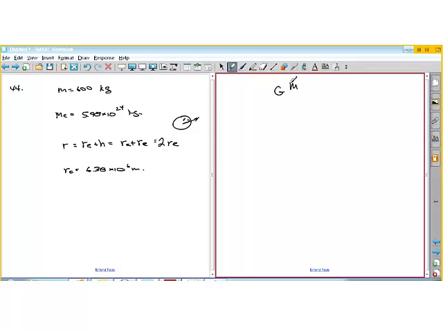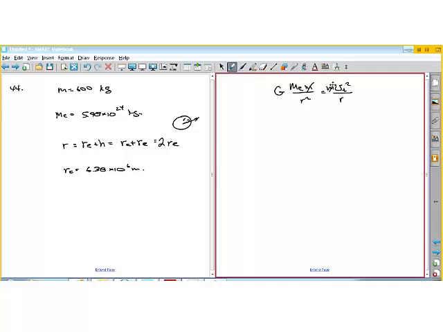So m of the Earth, m of the object divided by r squared is equal to the centripetal force, which is going to be equal to mass times the centripetal acceleration, which is that.